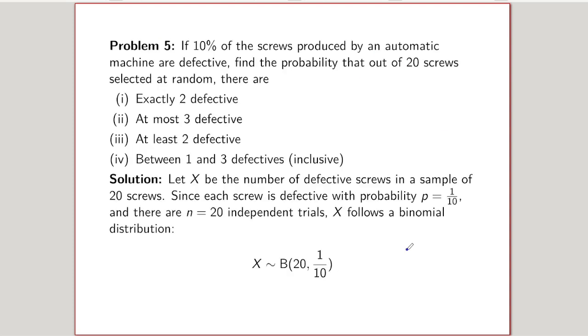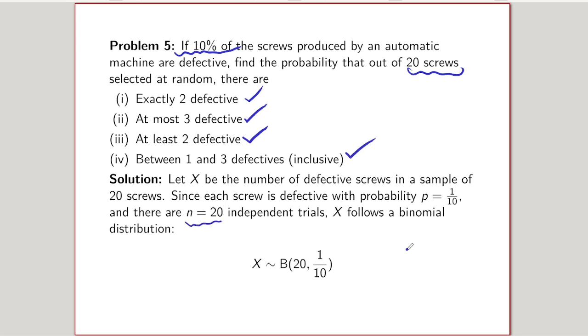Next one, this is a very simple question. If 10%, here instead of giving the value straight away, they are giving the probability as a percentage. Screws produced by an automatic machine are defective. Find the probability that out of 20 screws, the number of screws is 20. We are going to find exactly 2 defective, at most 3 defective, at least 2 defective, between 1 and 3 defective inclusive.